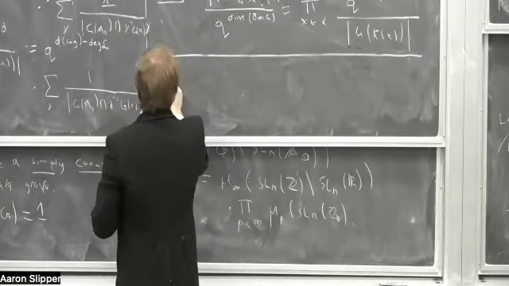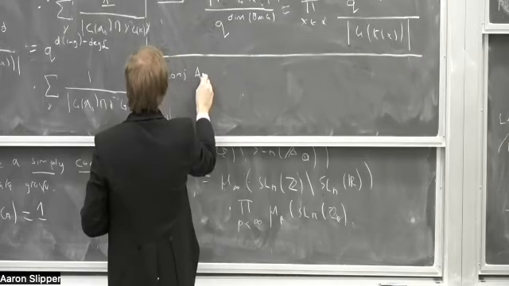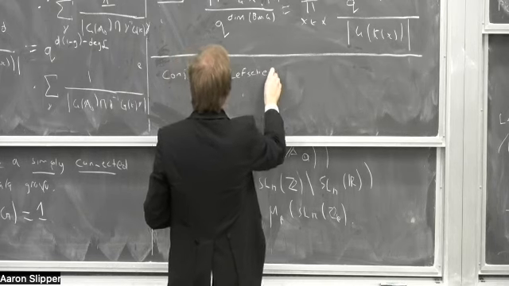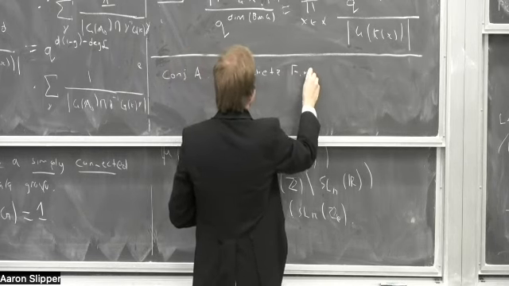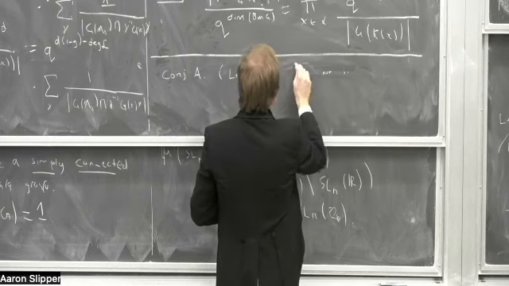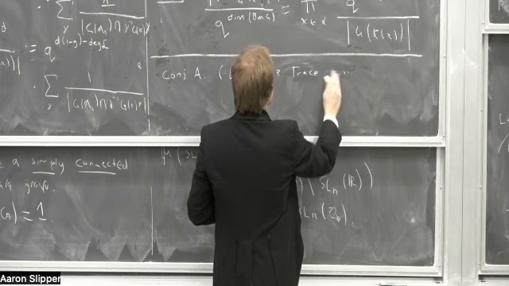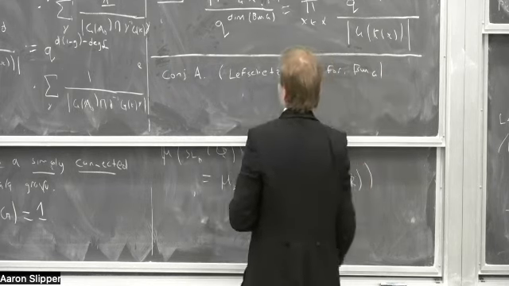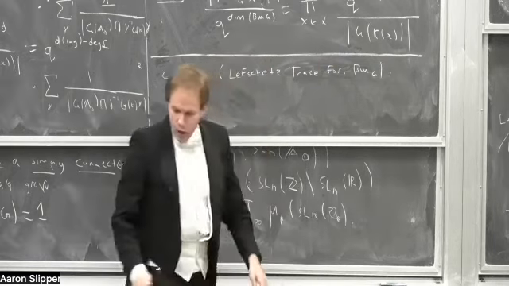So we have conjecture A. Lefschetz fixed point theorem, Lefschetz trace formula for BunG, Artin stacks in general. And that is as follows.